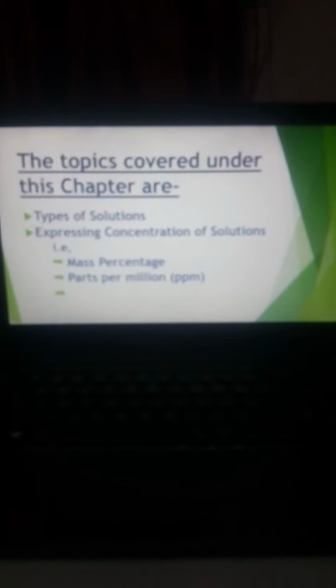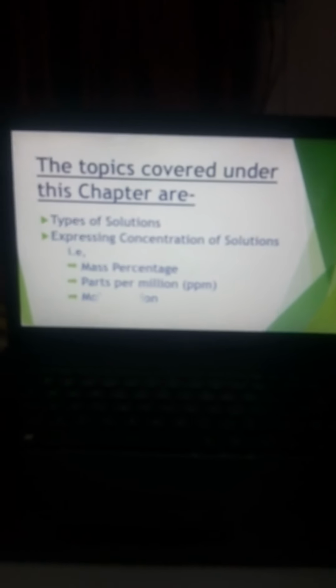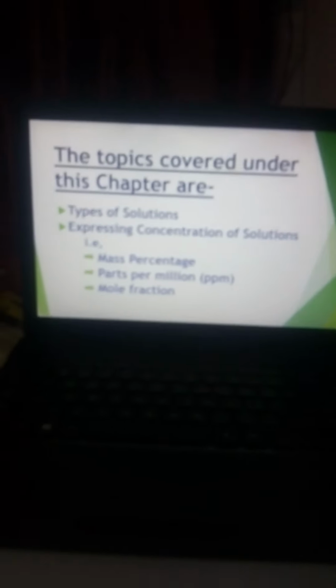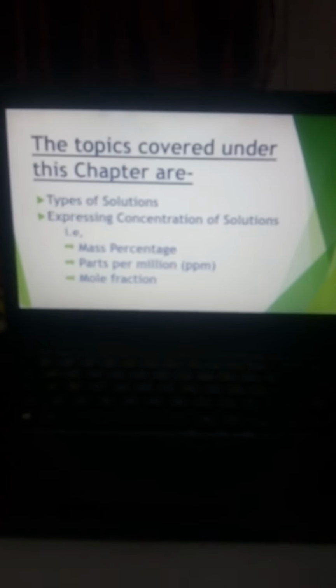There are different ways to express it: mass percentage, parts per million, mole fraction, and two more, molarity and molality. We will discuss all these different ways separately.